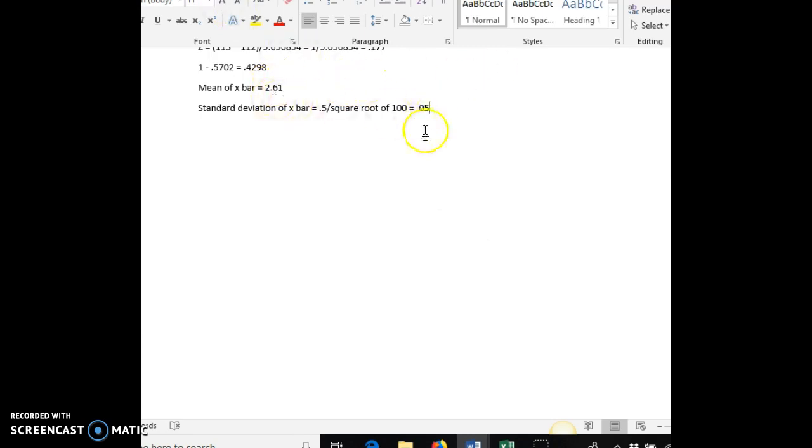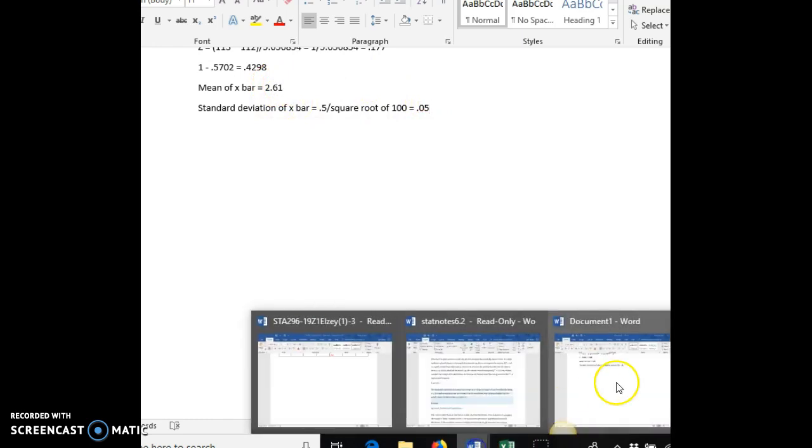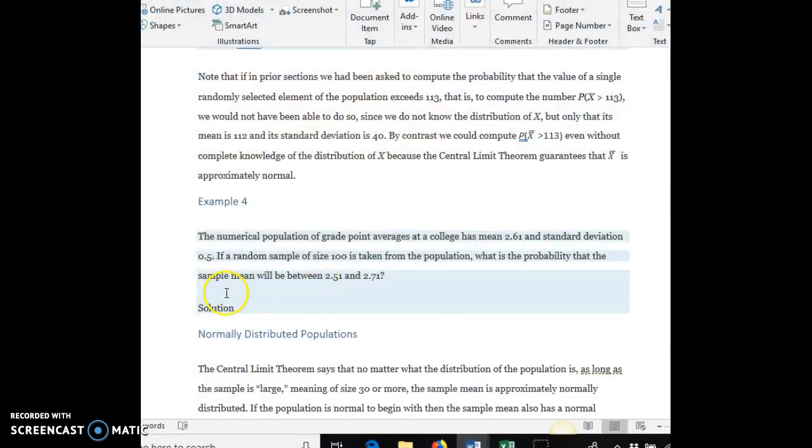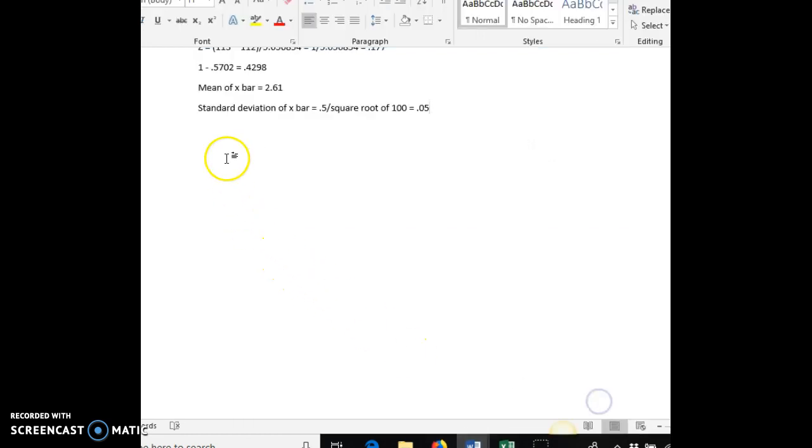All right, now that we've got these two things, let's go back here for a moment, and we want to find the probability that our sample mean is between 2.51 and 2.71. All right, so let's start with 2.51. So recall our formula.